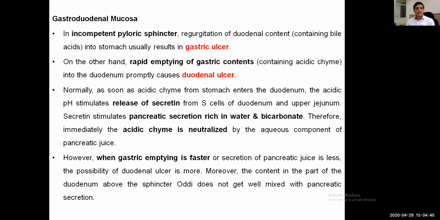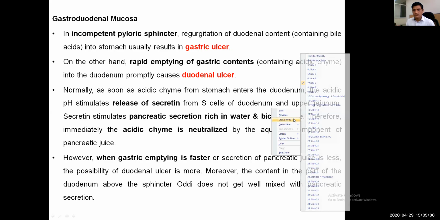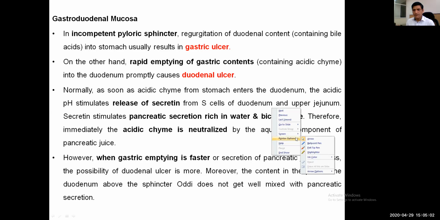Normally, as soon as the acidic chyme from the stomach enters the duodenum, the acidic pH stimulates release of secretin from the S cells of the duodenum, and therefore the acidic chyme is immediately neutralized by the aqueous component of the pancreatic juice.